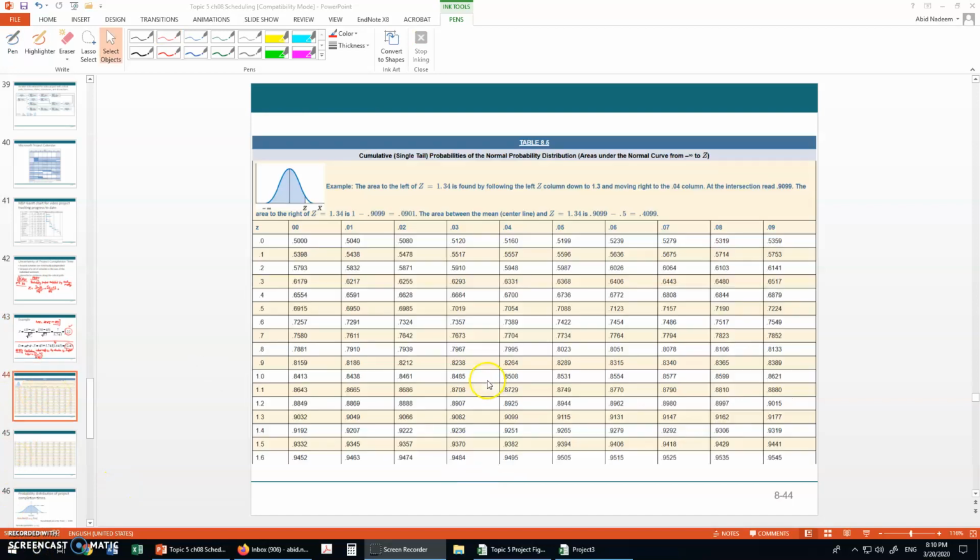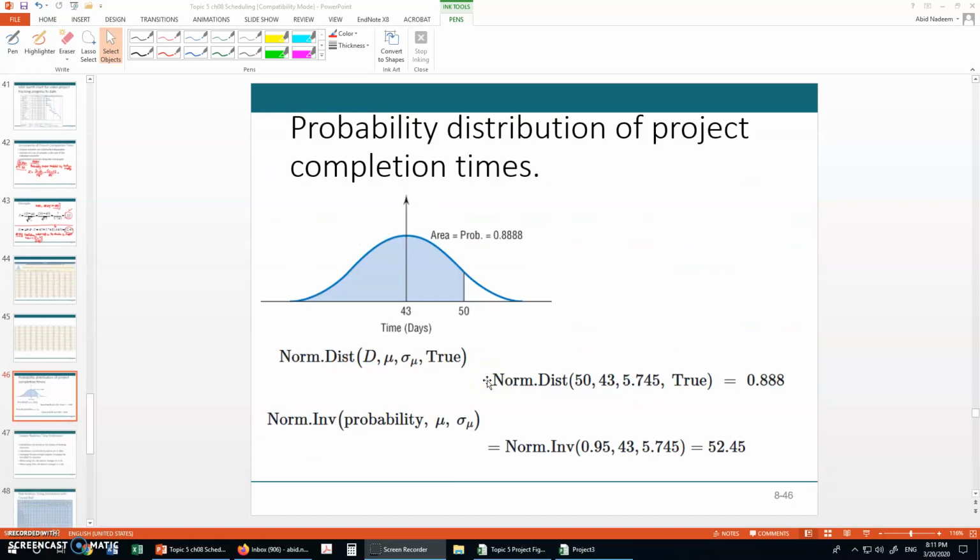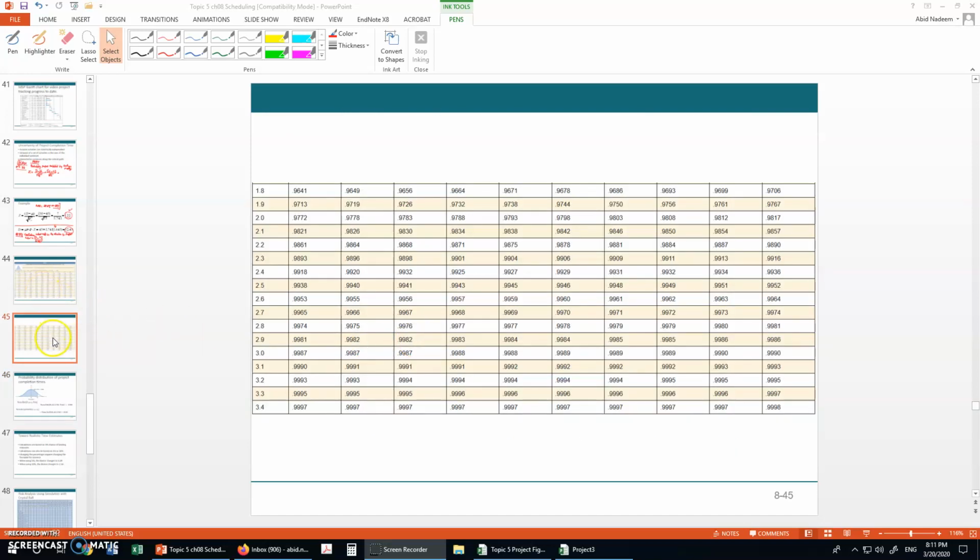Okay, the same two results we can also find from Microsoft Excel. For this there are two functions, NORM.DIST, and then we can get the same values as we got from those tables.